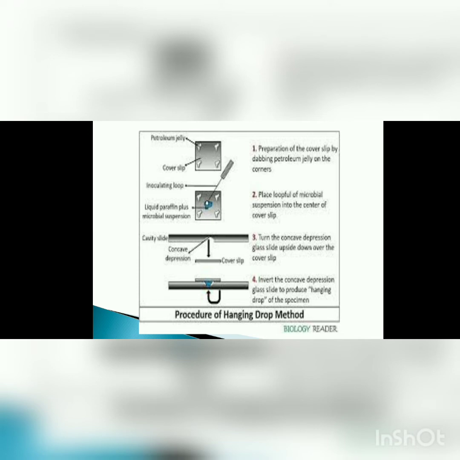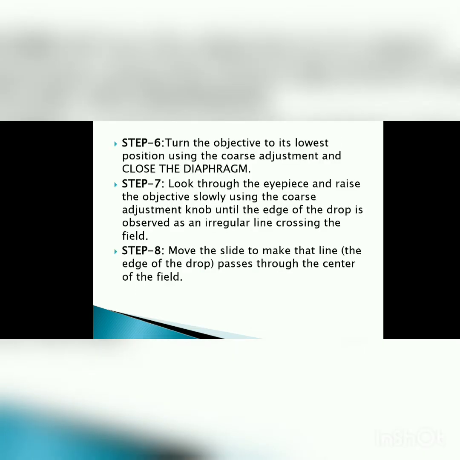Then the concavity slide is placed above the cover slip and it is turned over. So invert the concave depression in the glass slide to produce a hanging drop of the specimen, so that water droplets can be seen hanging.